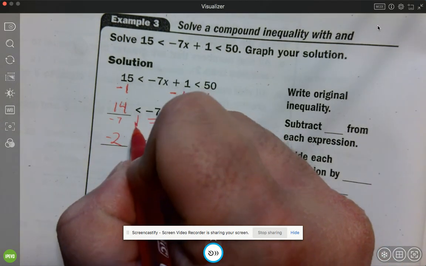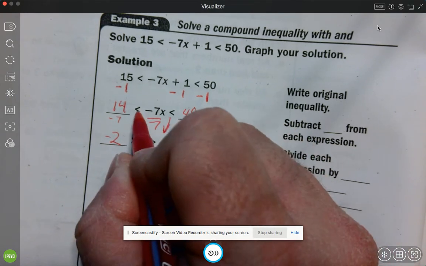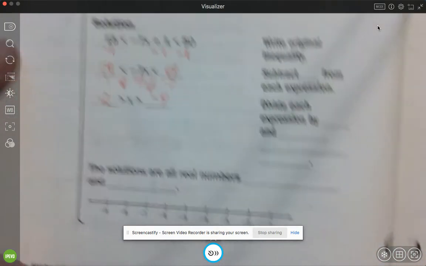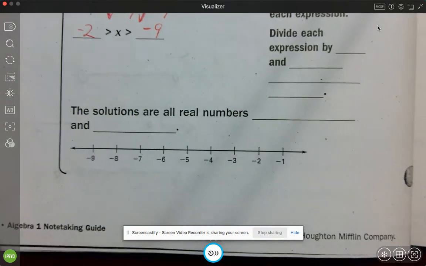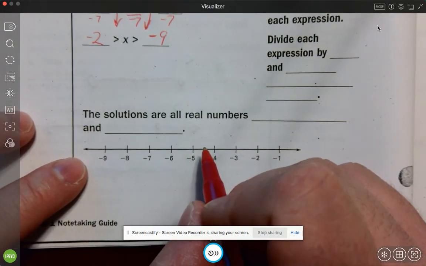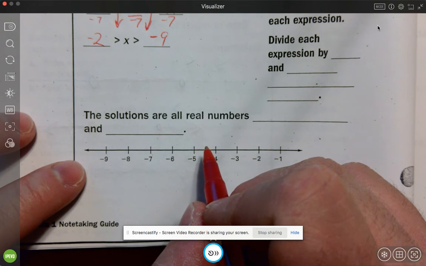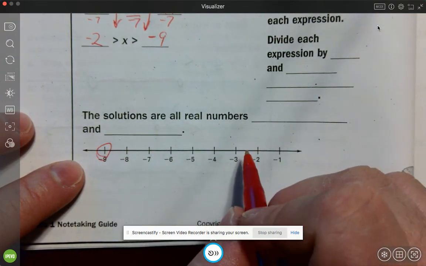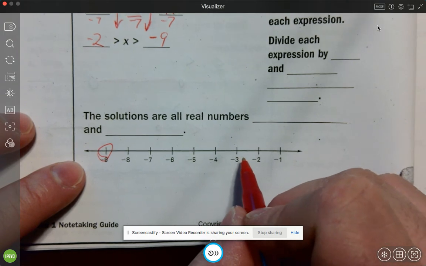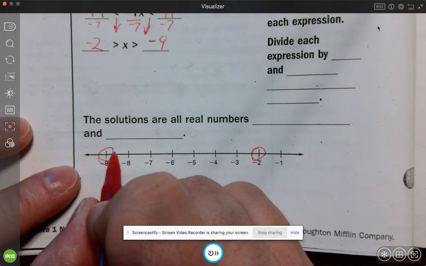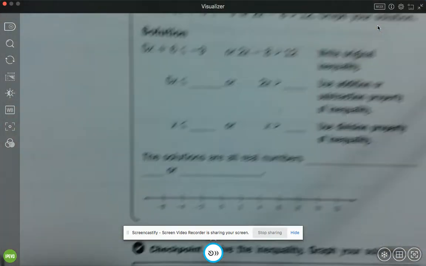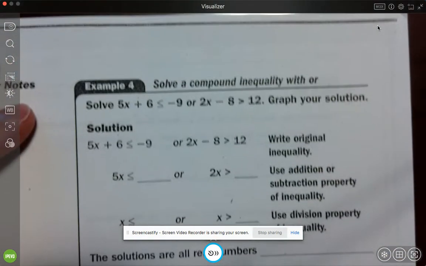You can see they already switched the signs for you, so less than became greater than. Let's double check our graph and make sure it does work. Greater than -9 would be an open dot here, and less than -2 would be an open dot here, and they connect like that.